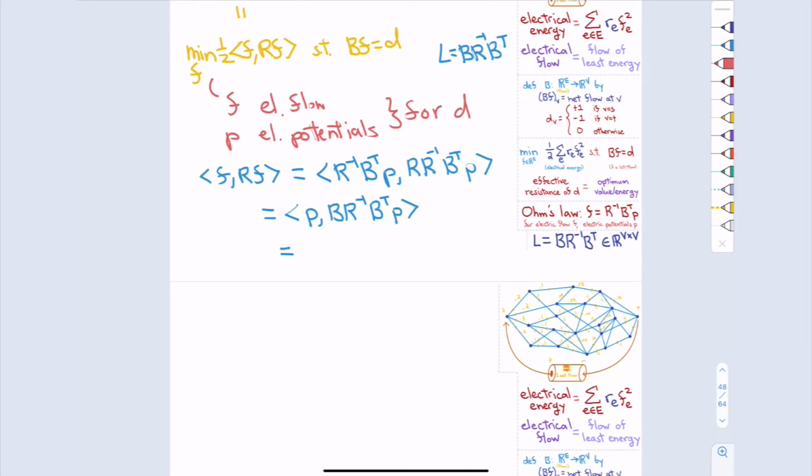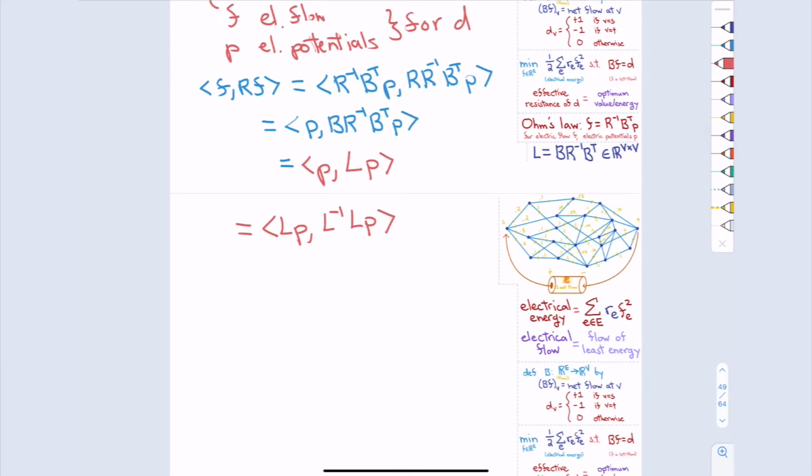Okay, so now if you look at something like, okay, all right, so we get something like B L P. And what we're going to do is put in one L and one L inverse. It's really the pseudo inverse because it's not full dimensional, but that's okay. All right.